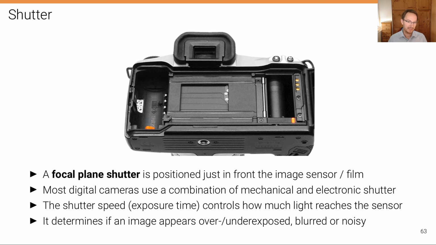So once the light has passed through the lens and just before it hits the image sensor, there's typically a shutter. And what we see here is a focal plane shutter of a camera. Most digital cameras today use a combination of a mechanical shutter and an electronic shutter for various reasons.